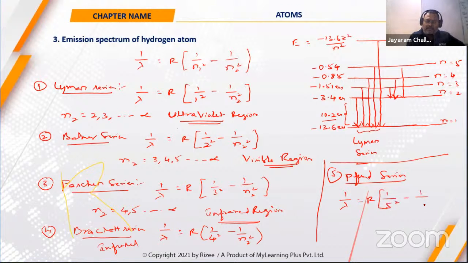Then that type of thing is called the Pfund series, where the n2 values will come under the category of 6, 7, 8, and so on up to infinity. The Pfund series will be in the far infrared region. So these are the emission spectra of any hydrogen atom where your Z value is equal to 1.